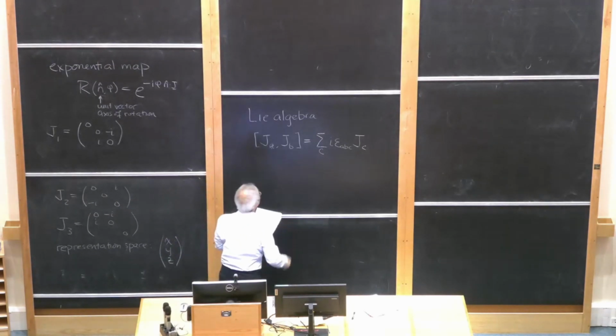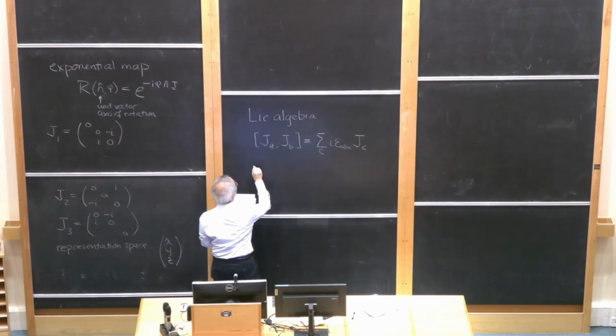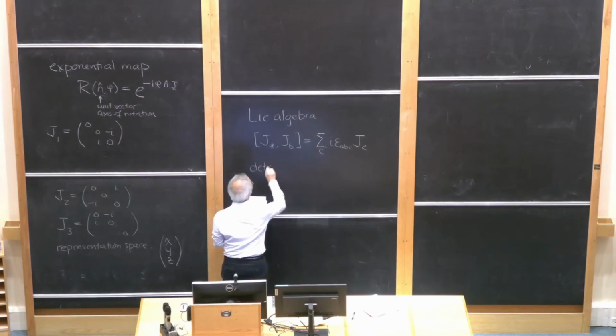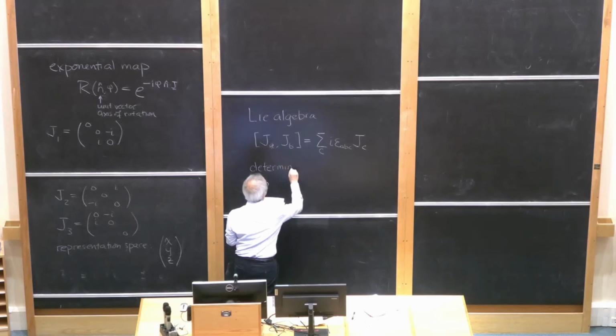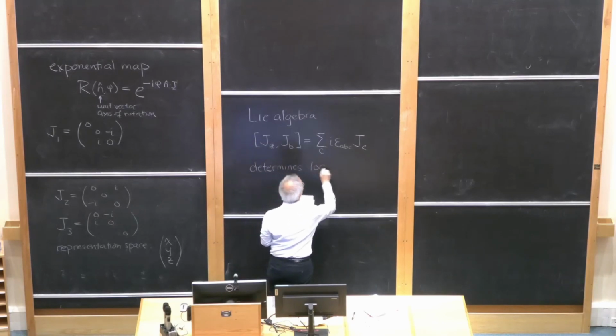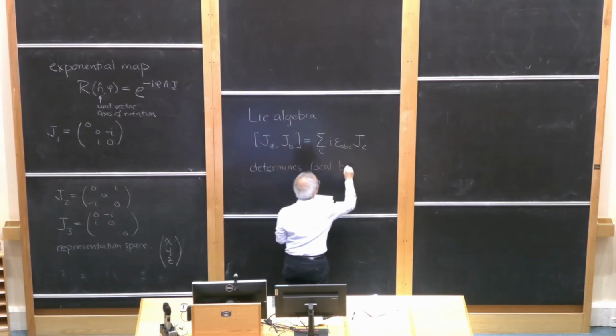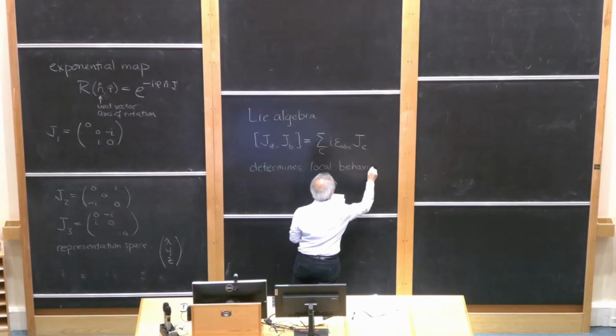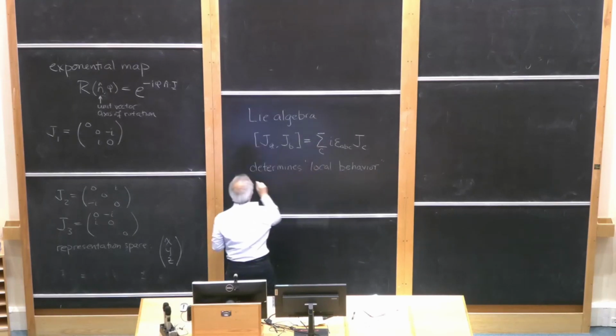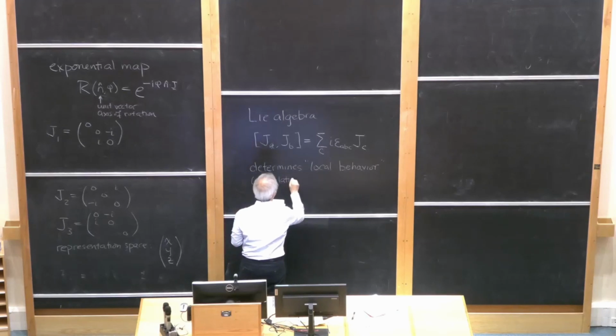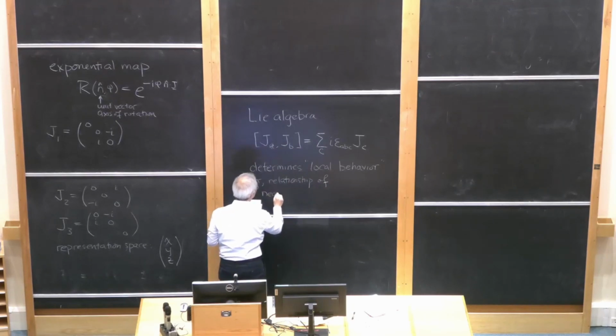So the Lie algebra determines what we call that local behavior, or relationships between nearby elements.